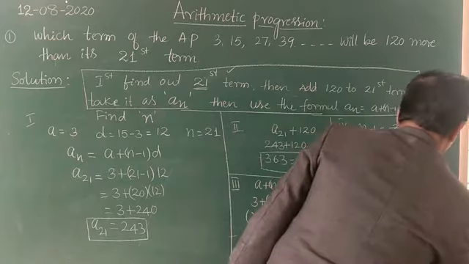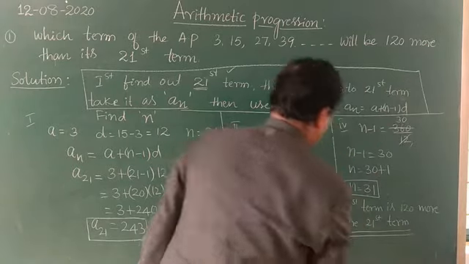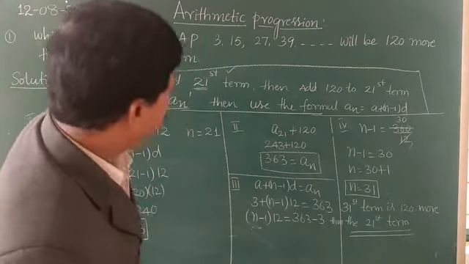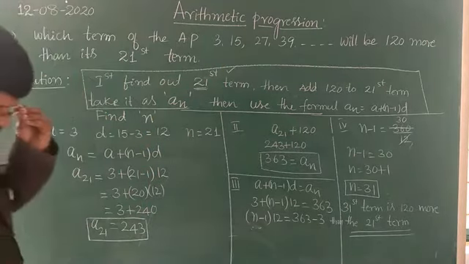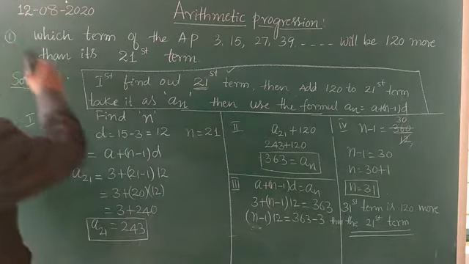Understood? Then first find out the nth term of the first AP, then the nth term of the second AP, and equate them, and you will get n.